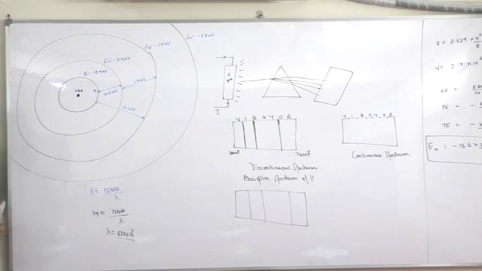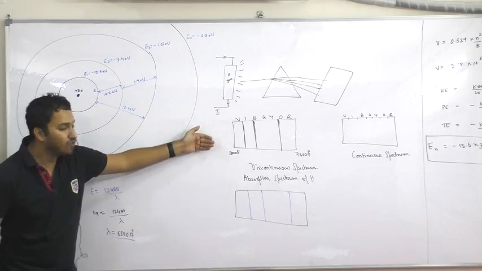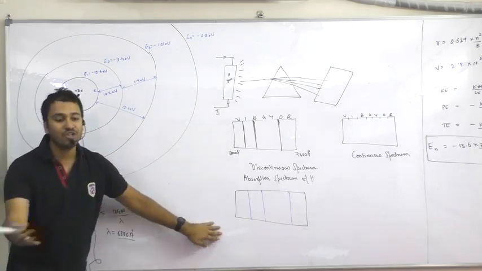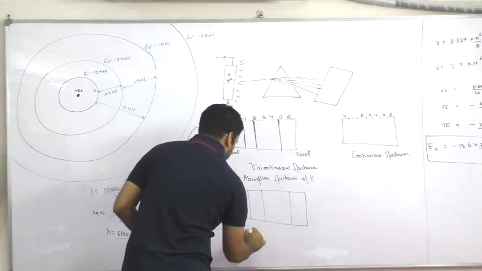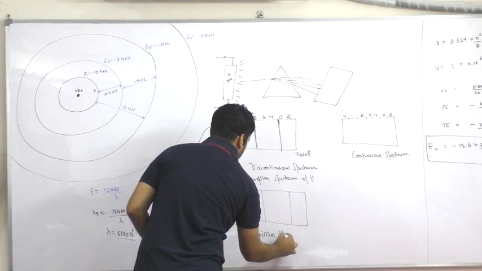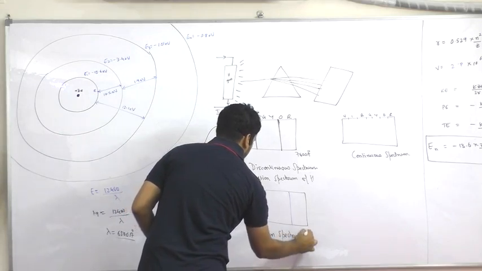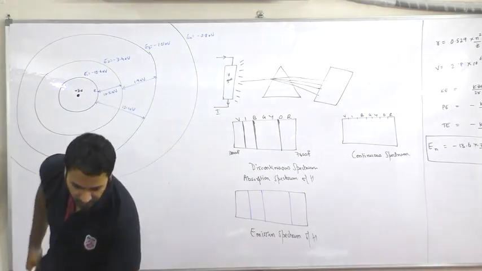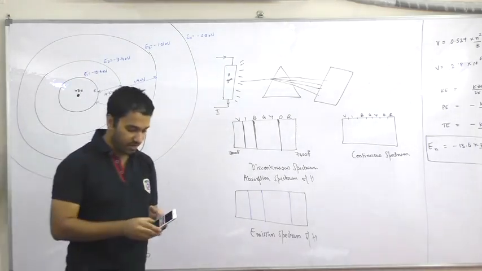Yes or no? Right? So the lines which were missing from the absorption spectrum are the exact same lines which will be visible in the emission spectrum. This is known as the emission spectrum of hydrogen, and this is what it looks like. Look.